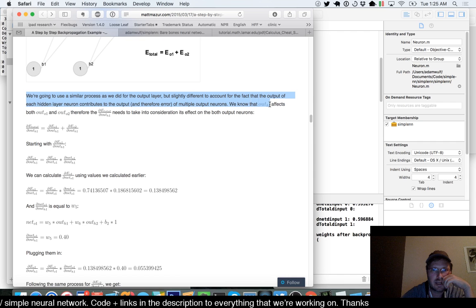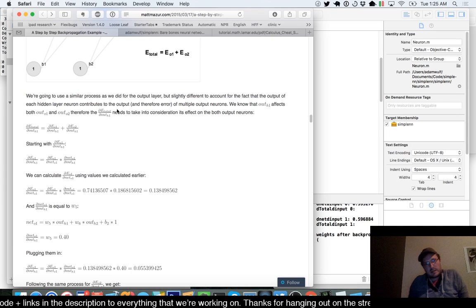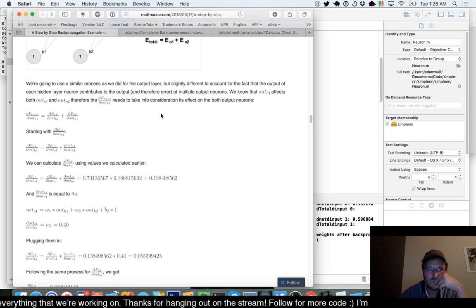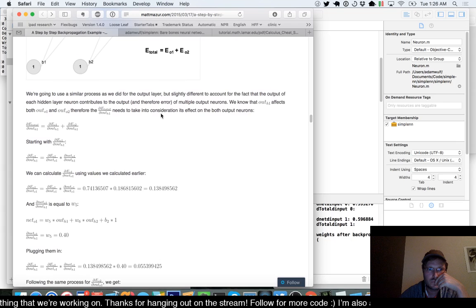So here we go. So we know that out H1 affects both out O1 and out O2. Therefore, D E total to D out H1 needs to take into consideration the effect on both output neurons, right? So let's just do this right here. So starting here, right?